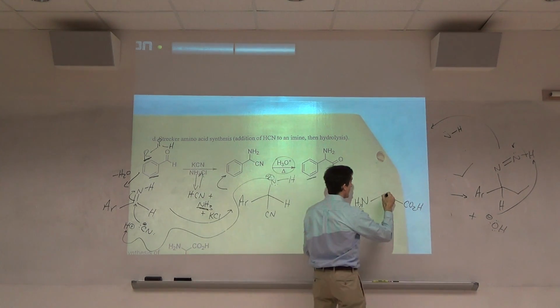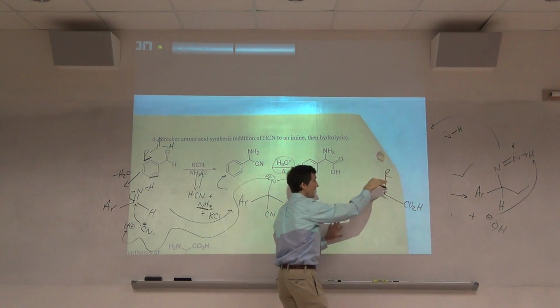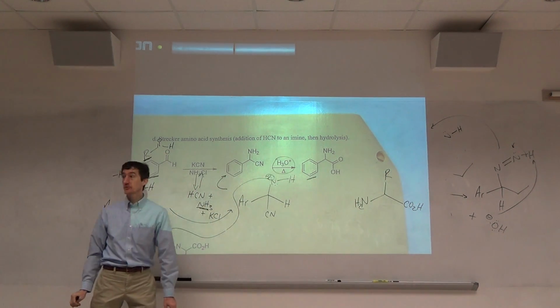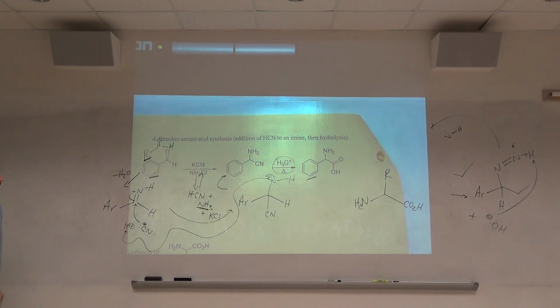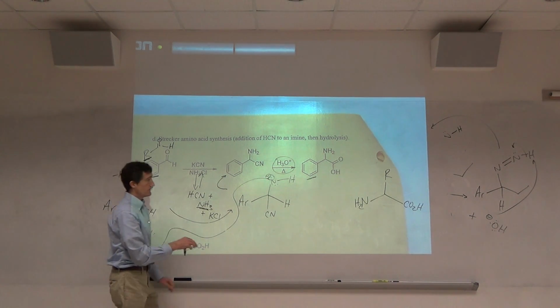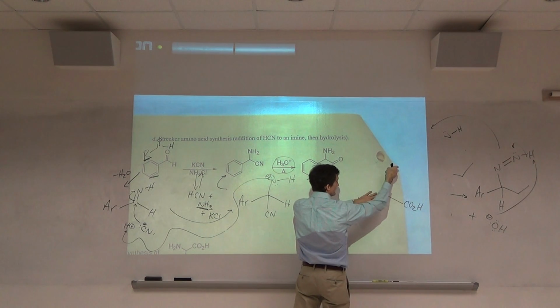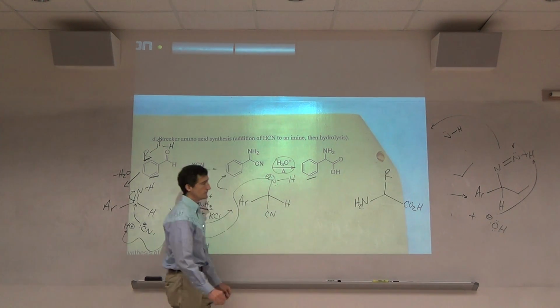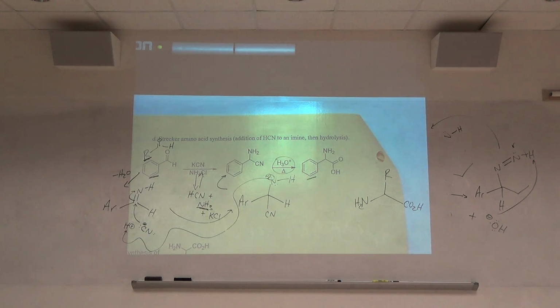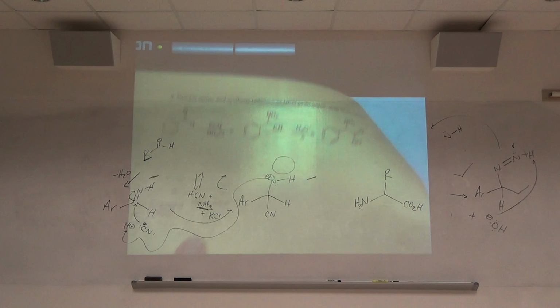We need to move on. Basically, your amino acids have different R groups, except for glycine, which just has an H. Whatever that is, that could come from an aldehyde. Phenyl with an aldehyde, whatever. How about leucine?